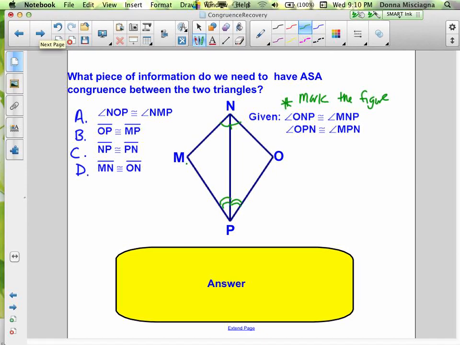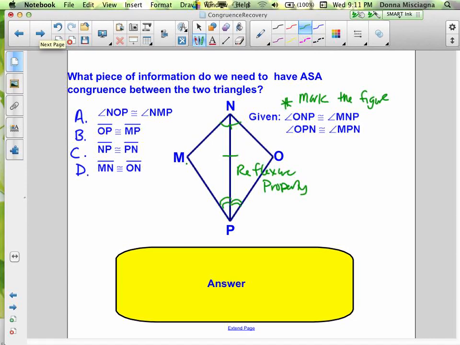And then, is there anything else we know? Interestingly, the piece of information we need is actually something we should know. Notice that both triangles share this side right here. So we know that happens to be congruent using the reflexive property, and that actually is enough for angle, side, angle.